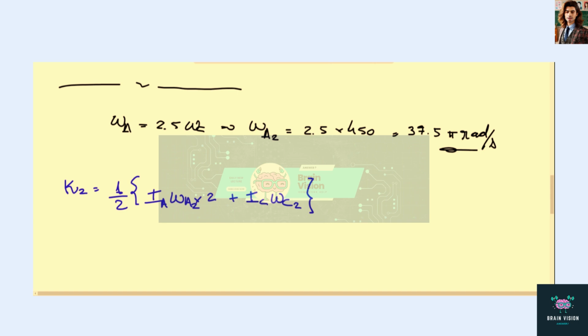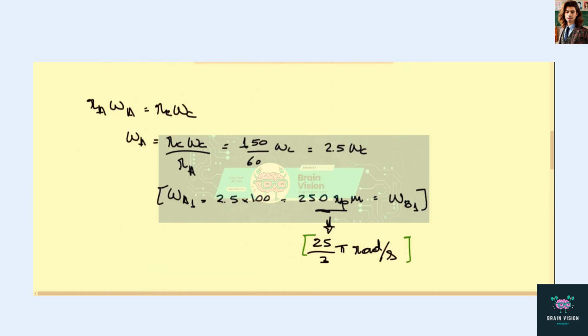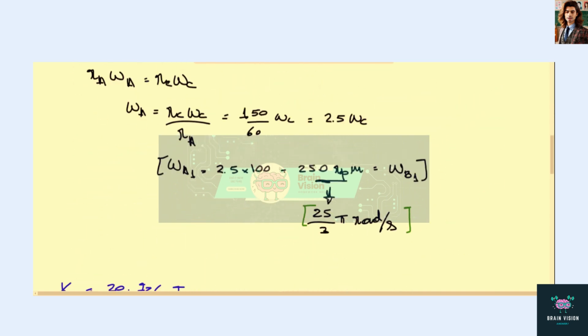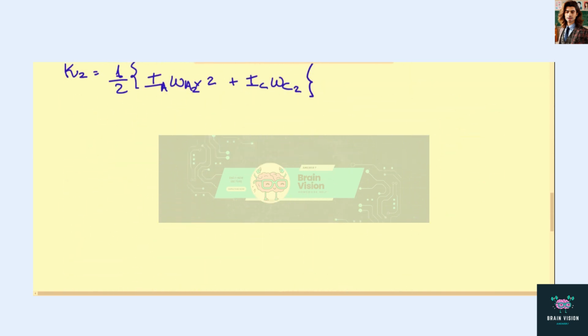So calculating this, it's the same moment of inertia. The second speed is the 450 rotations per minute. Therefore, we find that the kinetic energy at the position 2 is going to be 419.7 joules. That's the second kinetic energy.